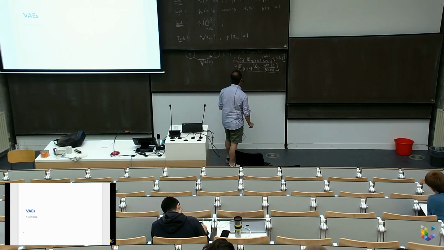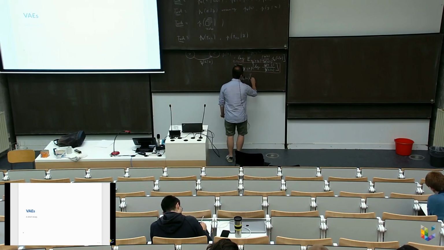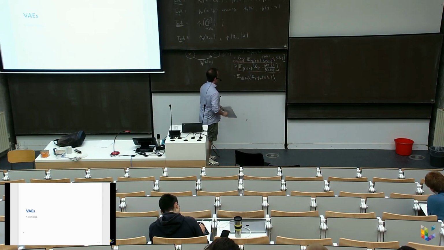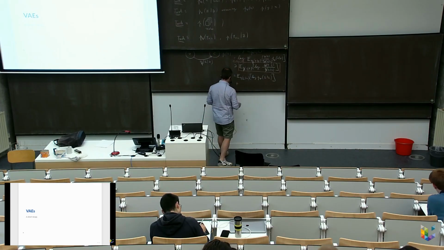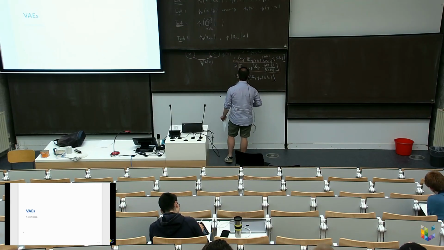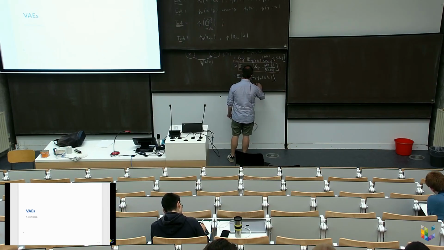The first is the expectation of the log of the conditional density, minus the KL divergence between Q of Z and the prior.